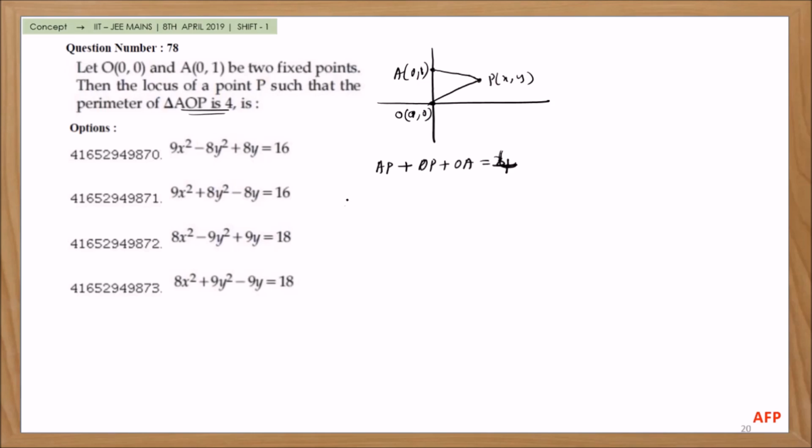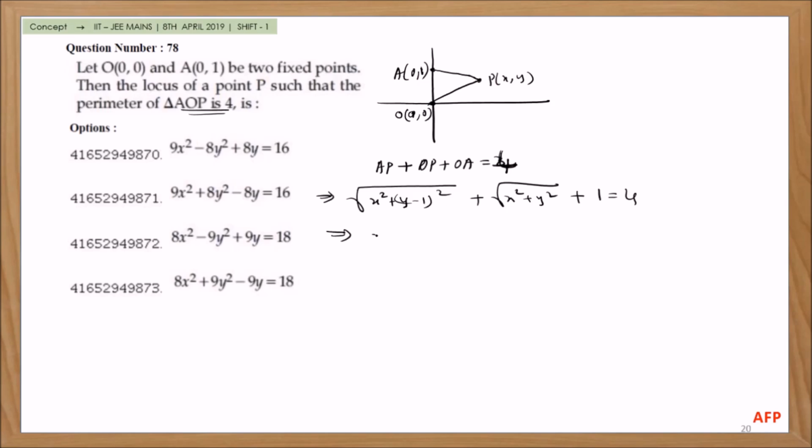So what is AP? Using the distance formula, you get the square root of x square plus (y minus 1) whole square. Next, again using the distance formula, the distance from the origin is the square root of x square plus y square. And OA distance is 1, equal to 4.